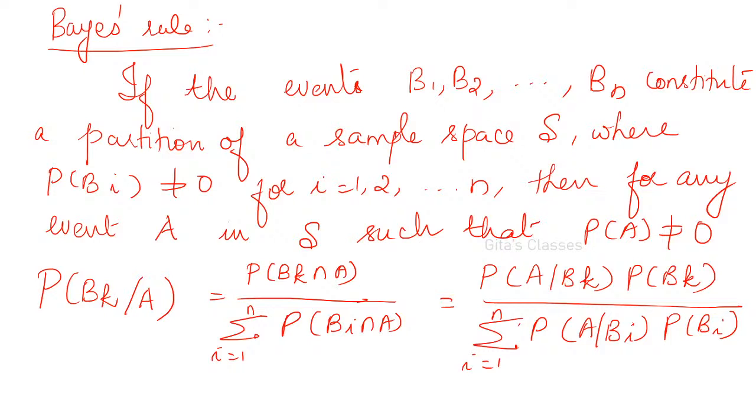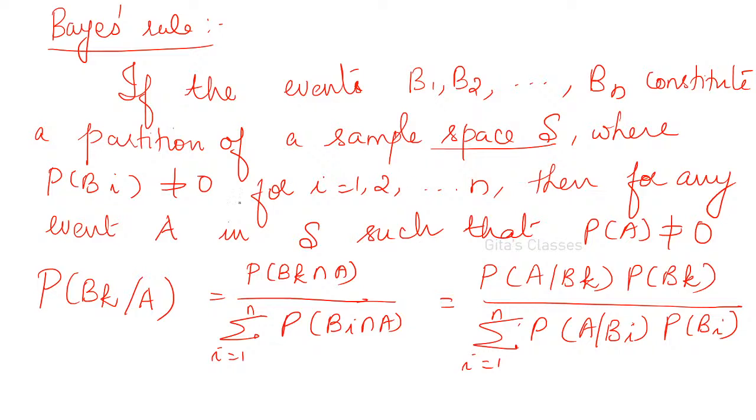By heart now itself. If the events B1, B2, etc., Bn are a partition of the sample space capital S, where P of Bi, this is a condition, probability should not be equal to 0. So P of Bi not equal to 0 for i varies from 1 to n. That means each probability should not be equal to 0.